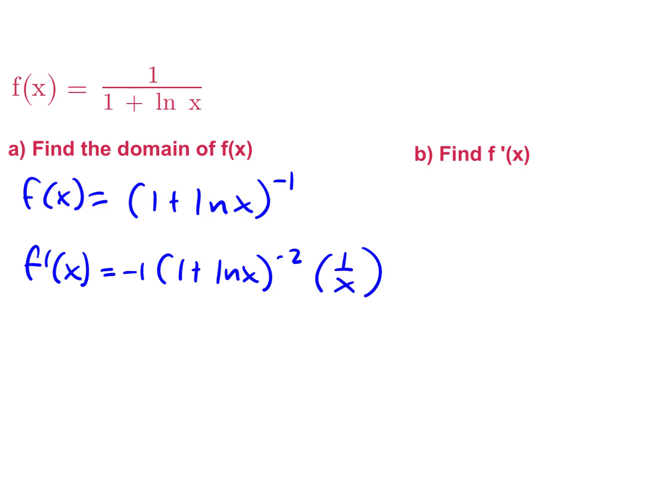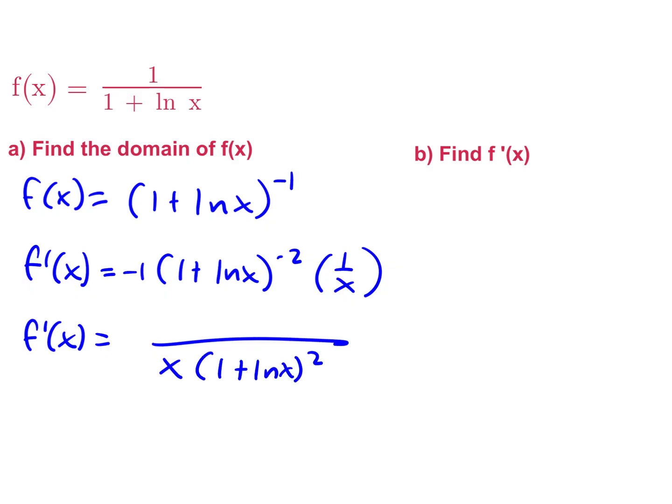So let's see where that gives me after we clean this up a little bit. All right, so I've got an x on the bottom. I've got a 1 plus natural log of x squared on the bottom. And I guess I just have a -1 up here. This should all go under.